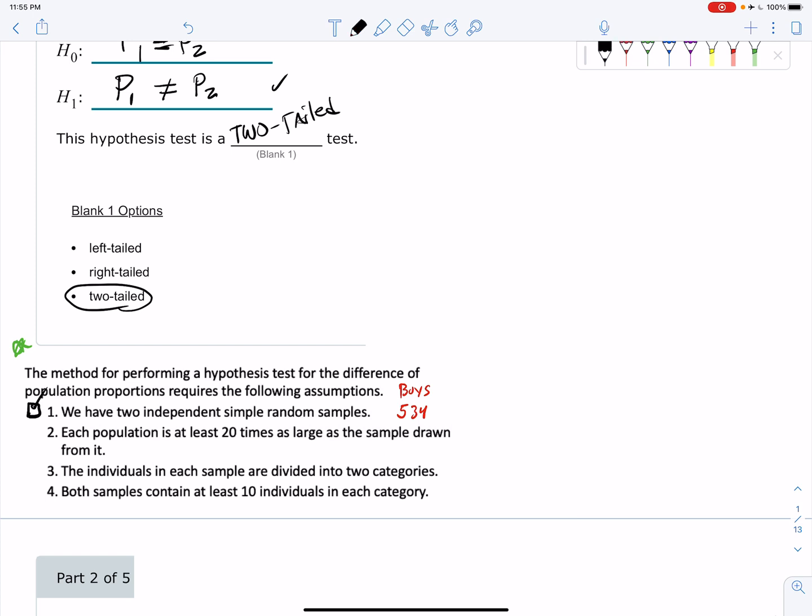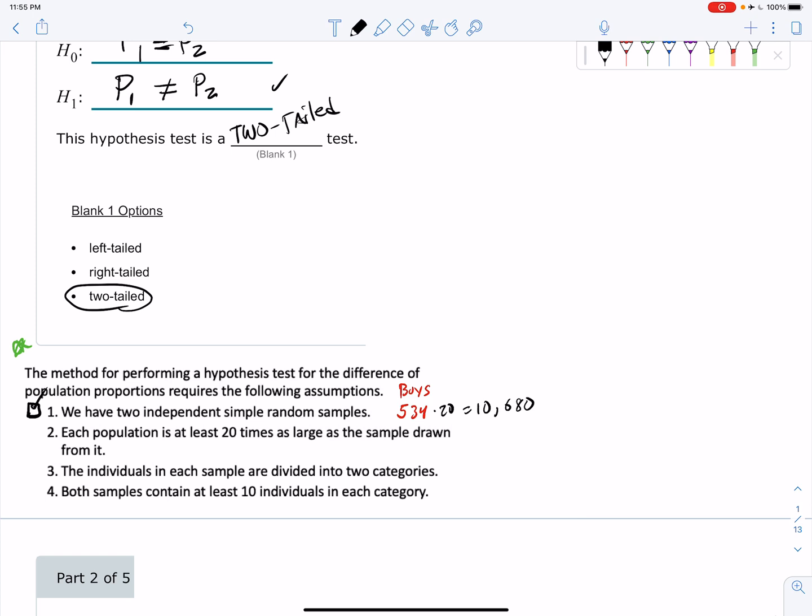And so the question is, if you multiply that by 20, that's 10,680. So here it is, each population is at least 20 times as large as the sample drawn from it.